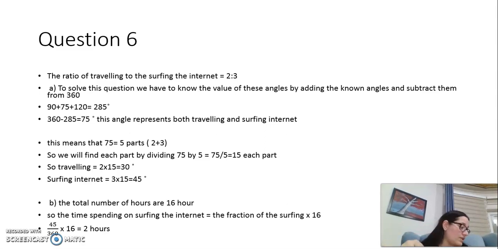If you read the question, you can find in the first line that we have 16 hours as a total. So 45 divided by 360 times 16 equals 2 hours spent on surfing the internet.